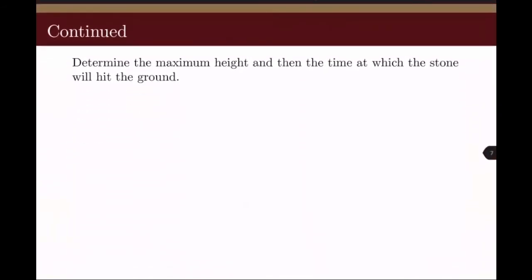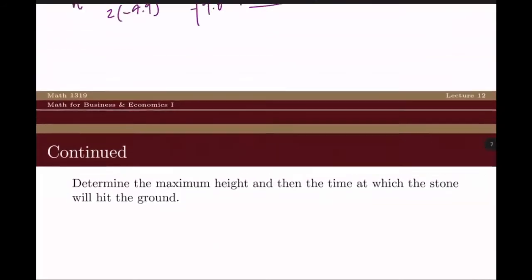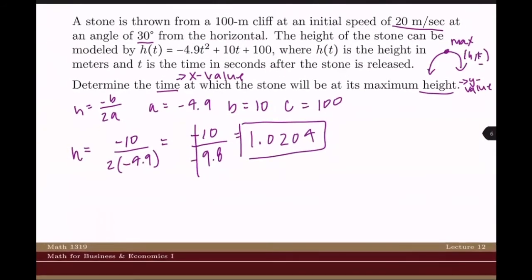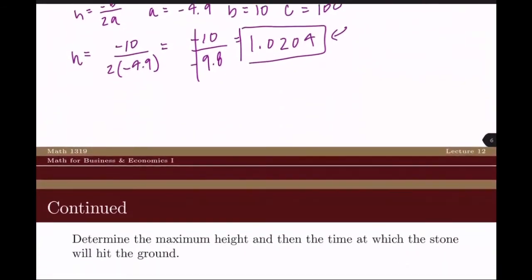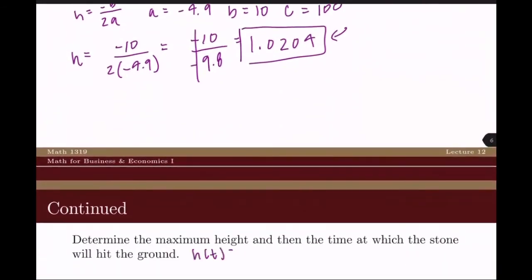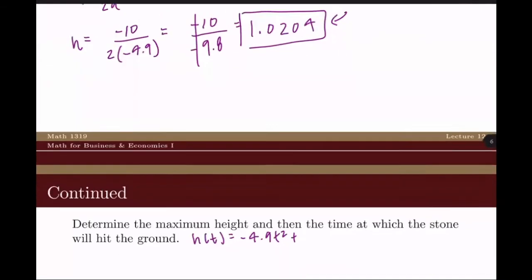So this is the same example, just continued. Determine the maximum height and then the time at which the stone will hit the ground. Well, remember, the maximum height is going to be the k coordinate of my vertex. So all that I really need to do is plug 1.0204 into my function here. So let me copy down the function. So I have h of t equal to negative 4.9 t squared plus 10t plus 100.